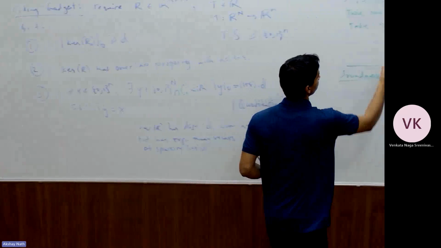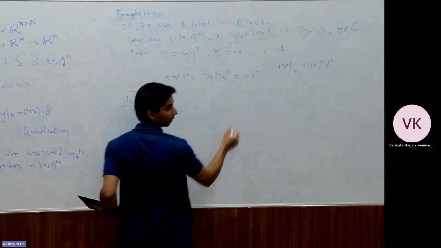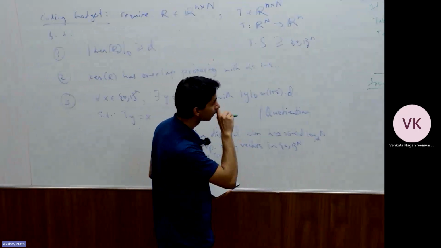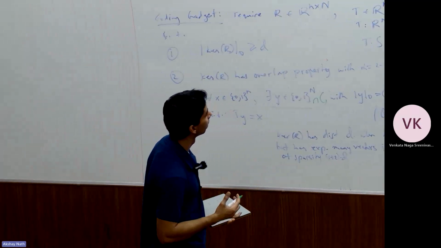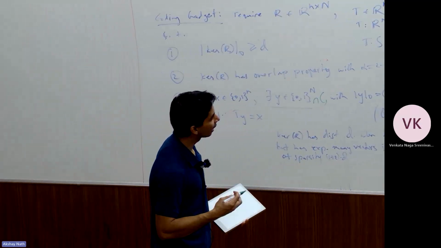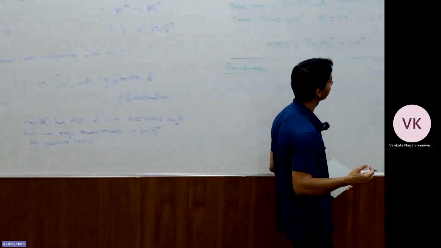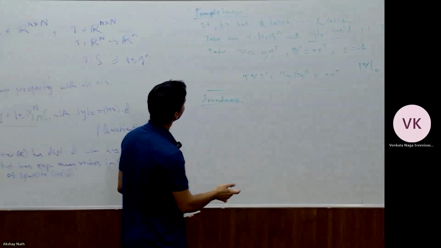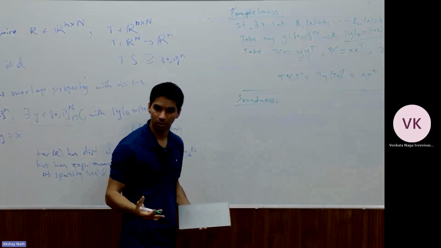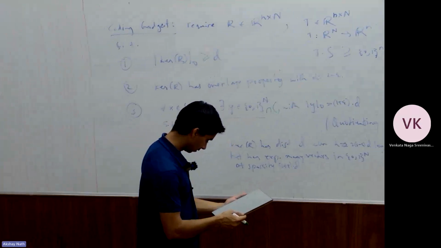Because we took it to be Y transpose, and then we had this assumption. So in the soundness case, we're going to show that if you have a sparse enough matrix satisfying all these equations, then you can design a solution to the quadratic system. Let's do that.